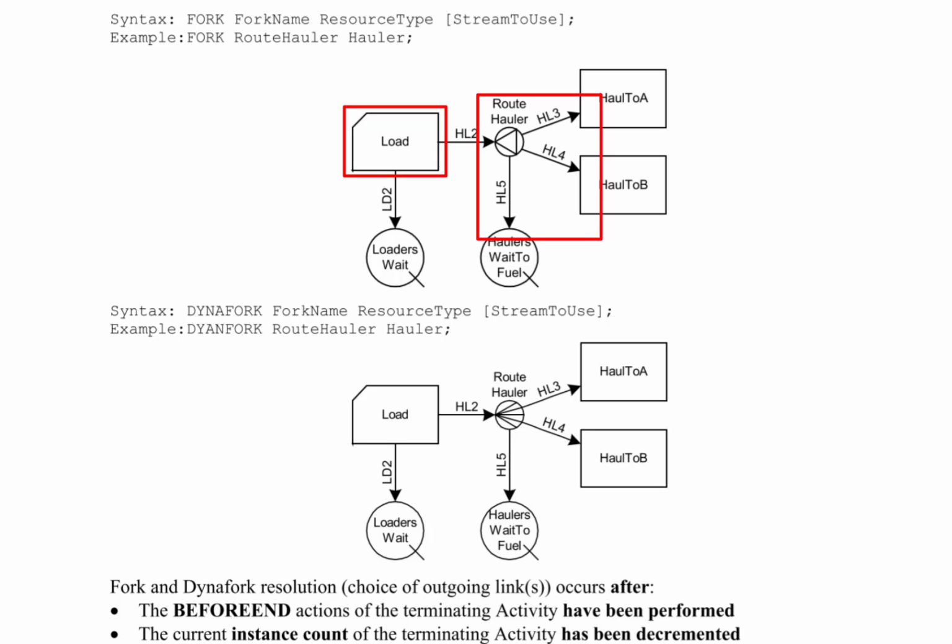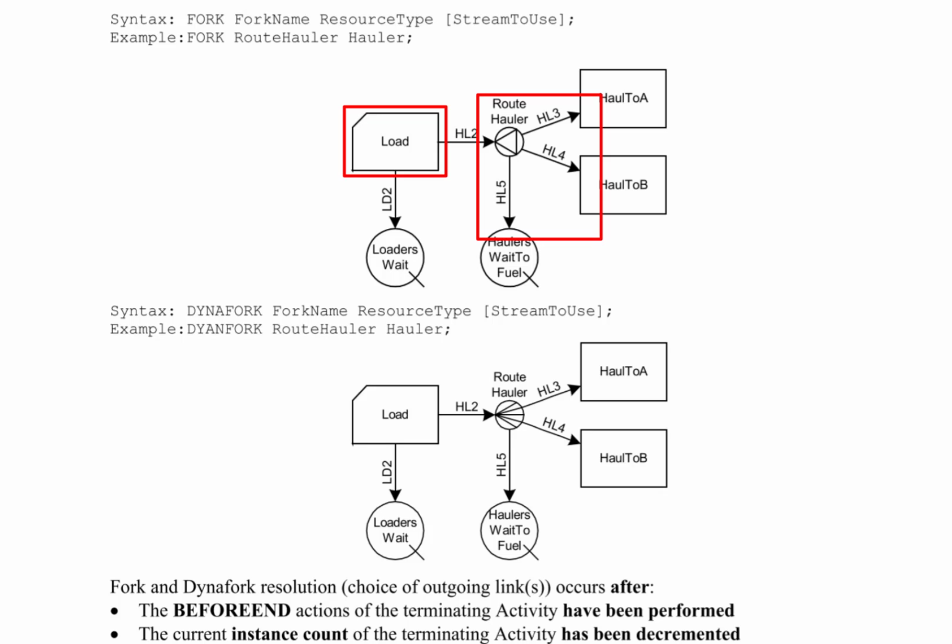This process ensures that when the terminating instance of load starts releasing haulers through link HL2, there will be a receiving node at the other end, either an instance of haul to A or an instance of haul to B or the queue.